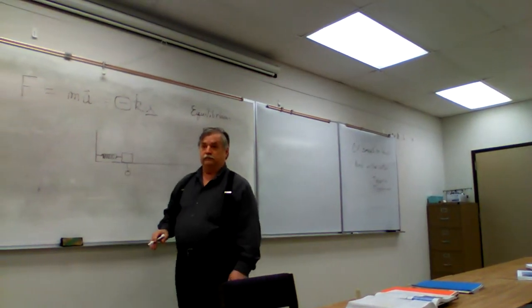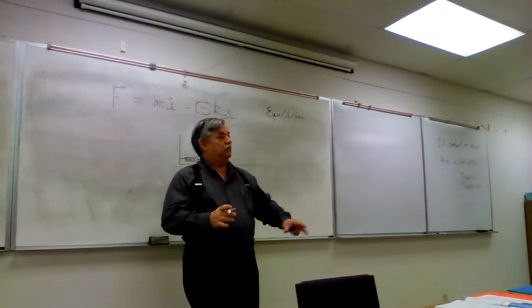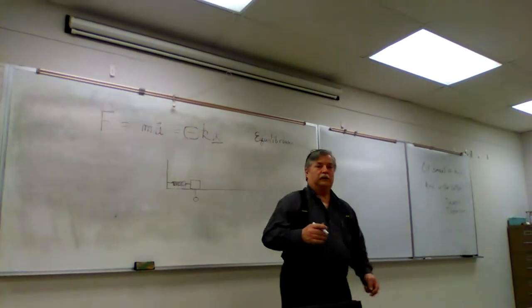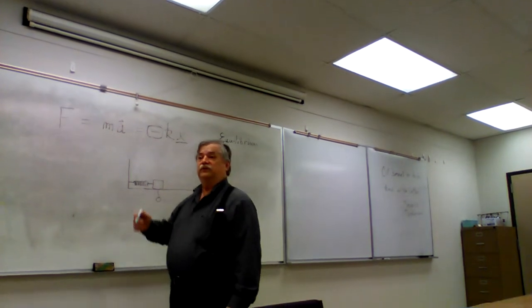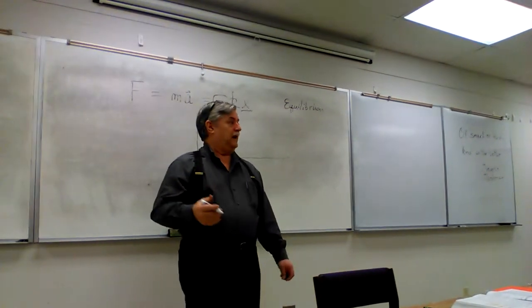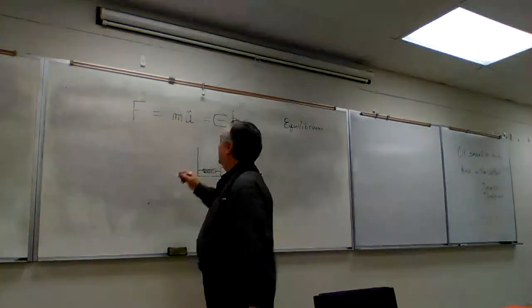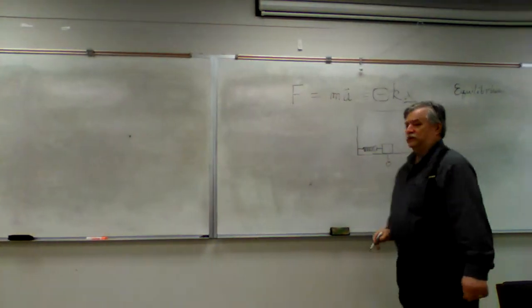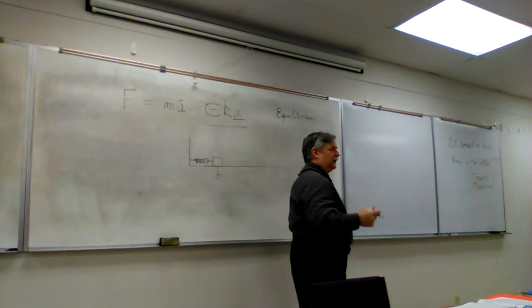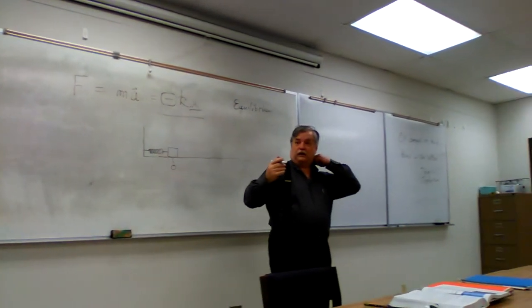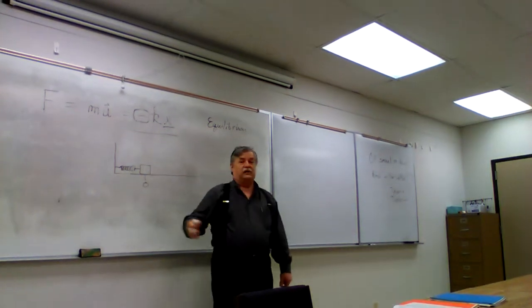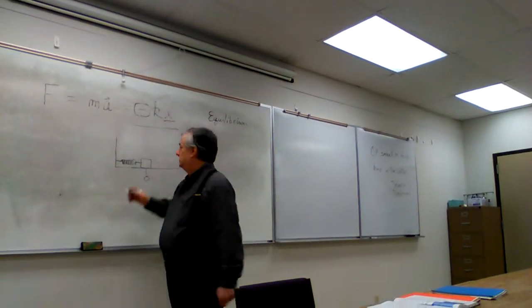from equilibrium. As you move the box or the mass away from equilibrium, the spring now exerts a force on that mass. And this is the force that it exerts. It is the negative of a spring constant K times that displacement.